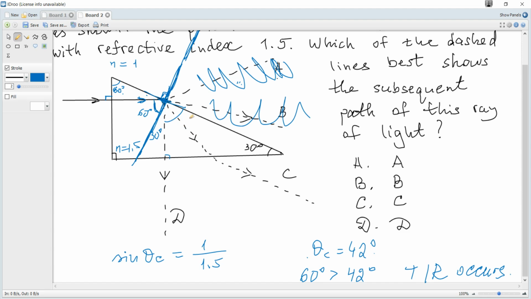It's 30, it's 60, and since it is not equal to the angle of incidence, it cannot be reflected, and definitely there is only one remaining option. C is correct.